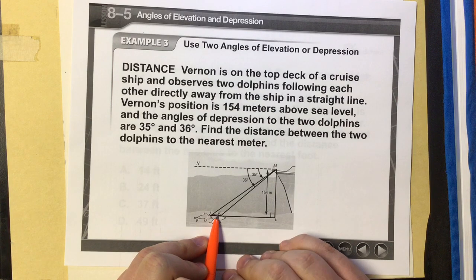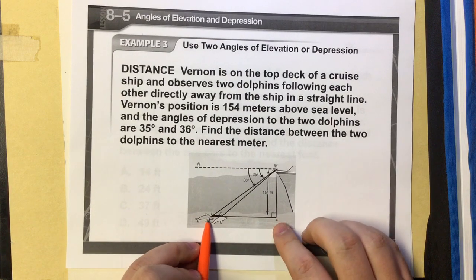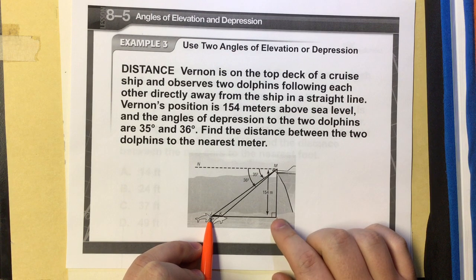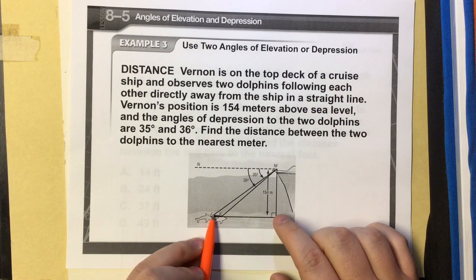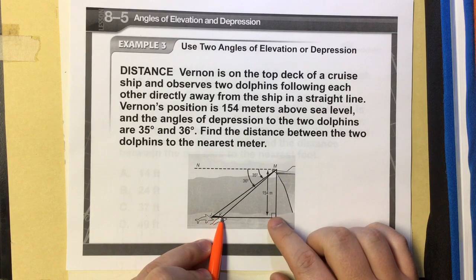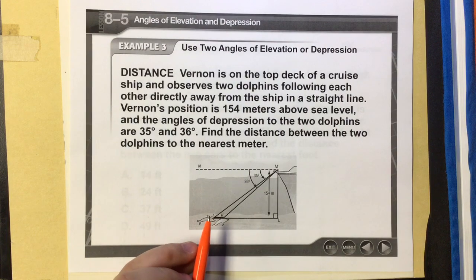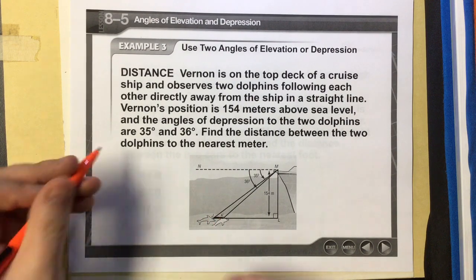The easiest way to find that is to find JL, the side length in this triangle, and find KL, the side length in this triangle. And once you know this length and this length, just subtract them, and all you're left with is that little tiny piece. So we're just going to do this as two totally separate problems.